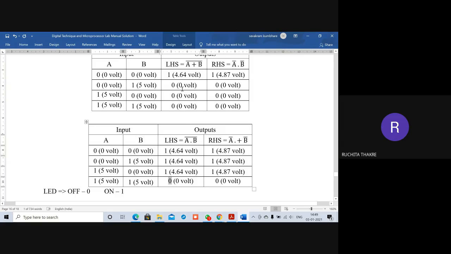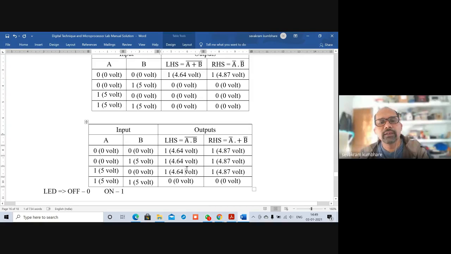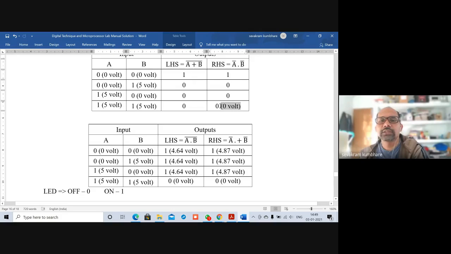Got it. Okay, fine. Now the thing is, if you don't put this also, that is fine. That doesn't matter. This is just a status we are showing. Only we want what is the LED status, so that we have to cross verify whether both side LHS and RHS are same or not. So that we will conclude that this De Morgan's theorem is true or not.